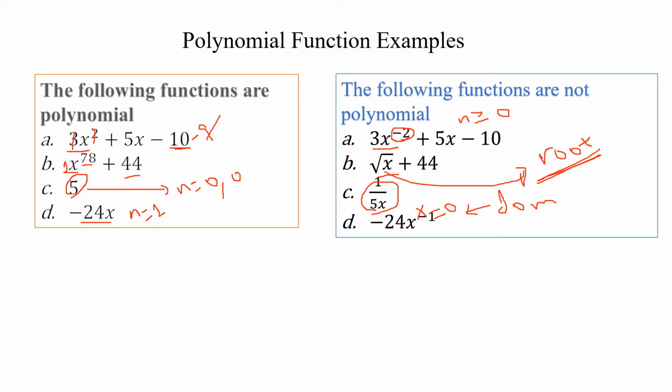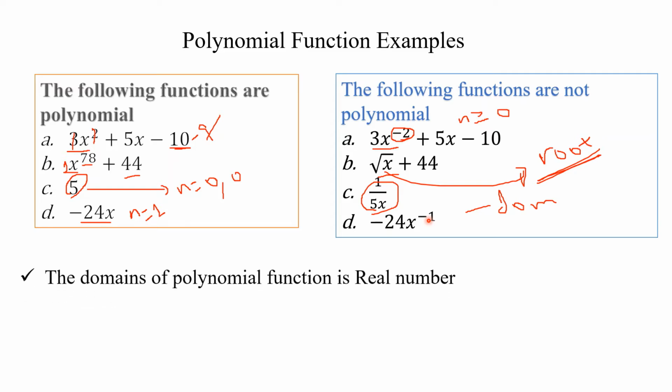And also let me see here, minus 24 times x to the power of minus 1. Look at the difference here, x to the power of minus 1 and normal x. Since one is a negative exponent, it can't be a polynomial function. That's why we say this one is not a polynomial function. The domain of a polynomial function is the real numbers. The domain should be all real numbers.